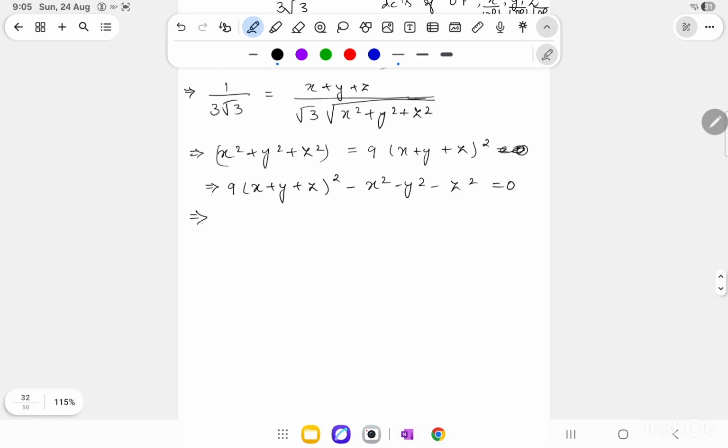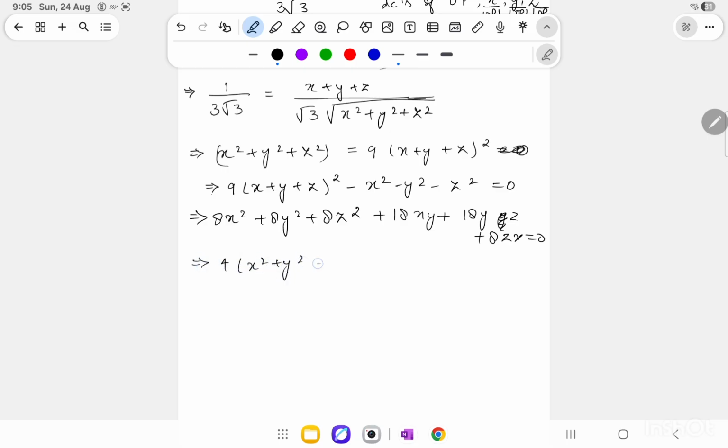On further simplifying, I'll get 8x square plus 8y square plus 8z square plus 18xy plus 18yz plus 18zx equals 0, which is 4 into (x square plus y square plus z square) plus 9 (xy plus yz plus zx) equals 0.